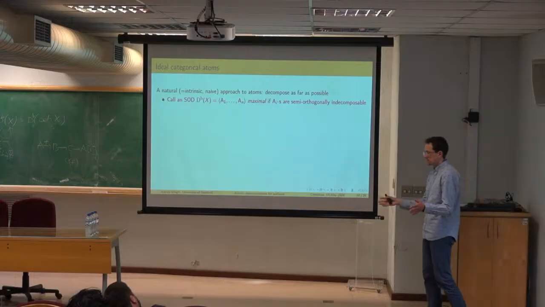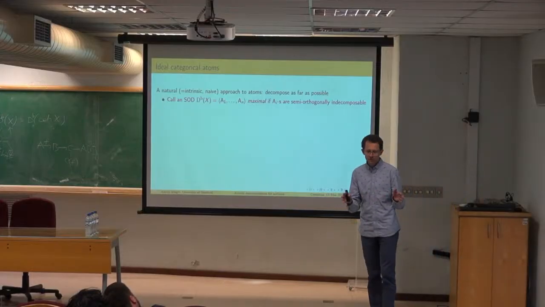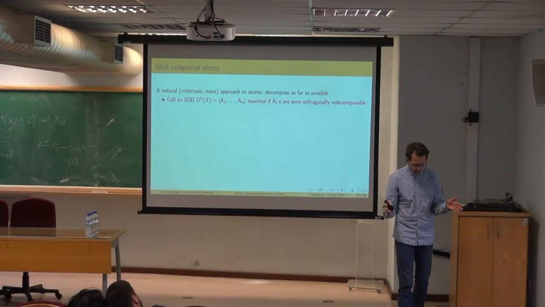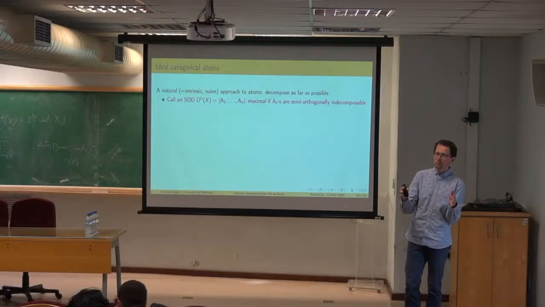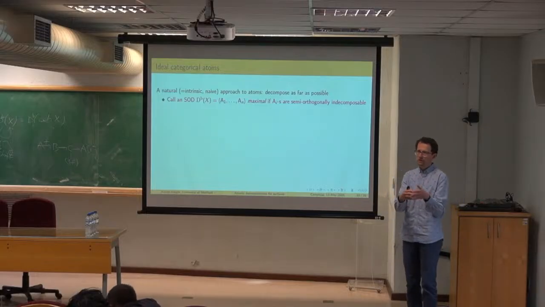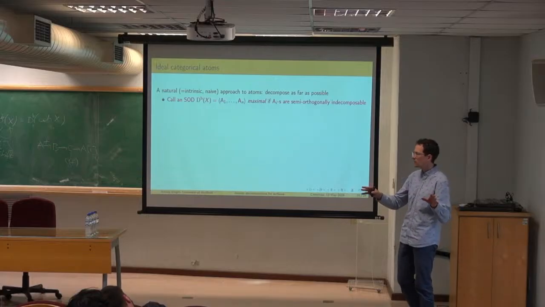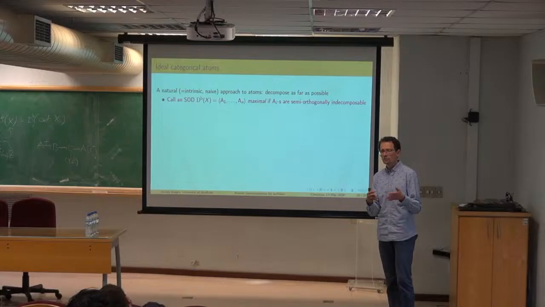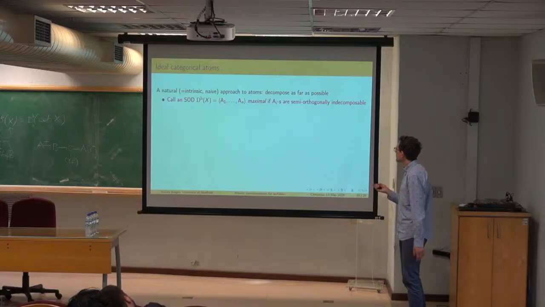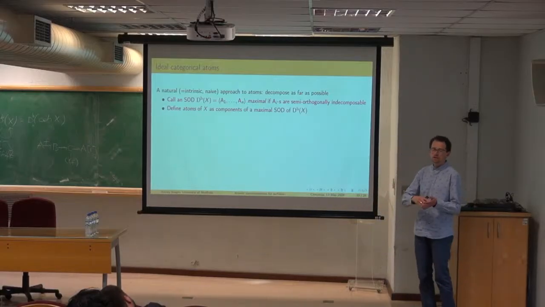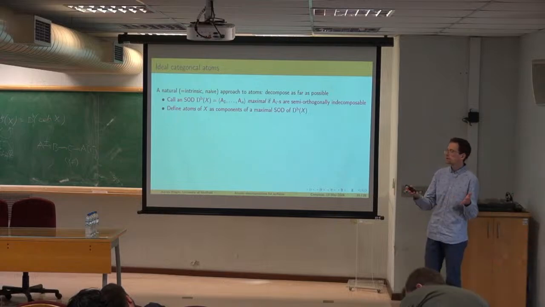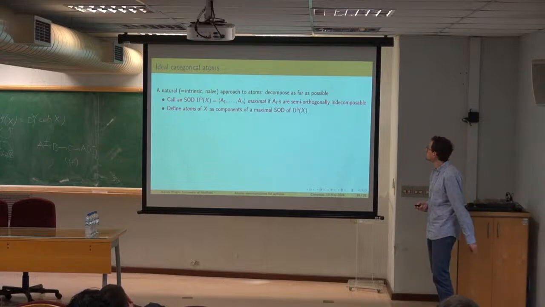Let us just take a derived category and decompose it semi-orthogonally as far as you can. If your component can be further decomposed, you decompose it. Then you stop when you cannot decompose any of your pieces anymore. Let us call this a maximal decomposition. And let us say that components of any such maximal decomposition are categorical atoms of a variety.